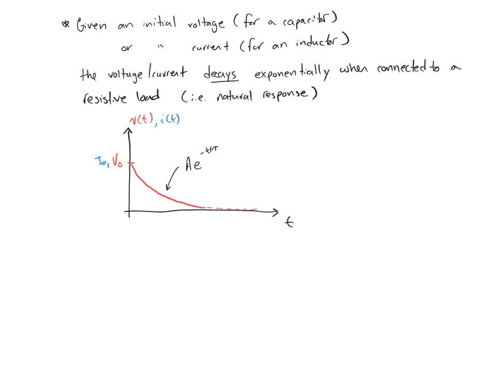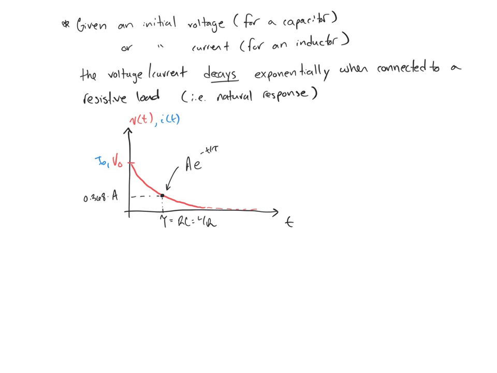It's sometimes useful to find out where tau is on this curve, and in general it's going to be somewhere about right here, where that's either going to equal RC or L over R, depending on the type of network it is. It turns out to be roughly 0.368 times the initial condition. So just over a third of the initial value is left over at time tau.